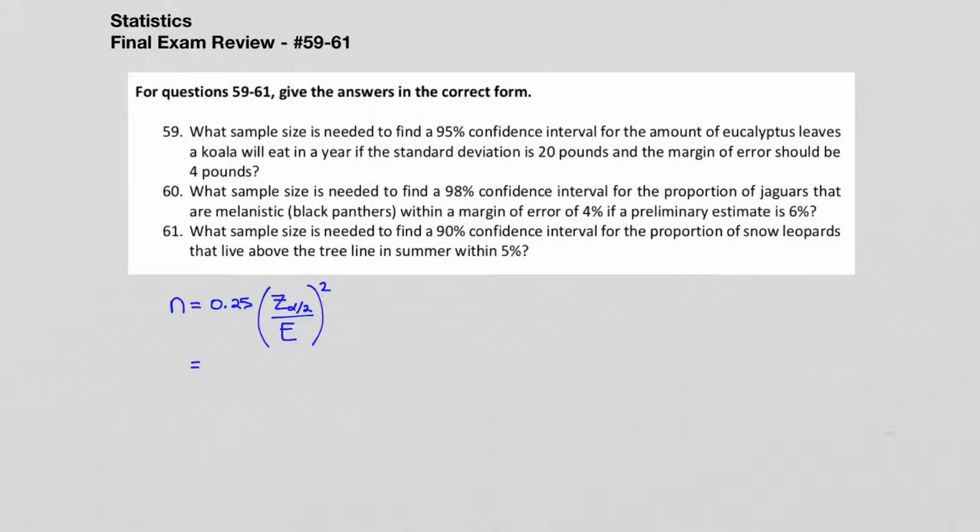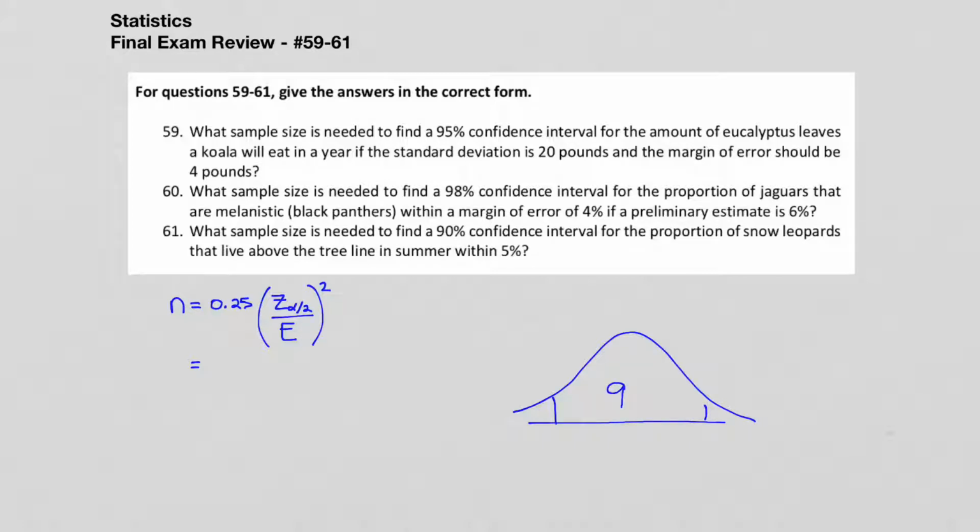This formula is 0.25 times the quantity z sub alpha over 2 over e, which is the margin of error, and we take the z over e quantity squared.